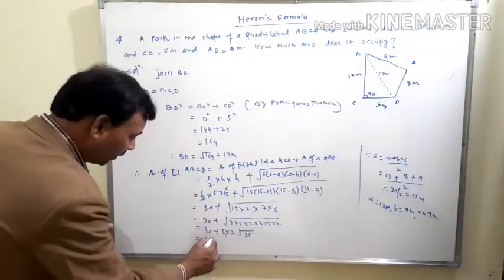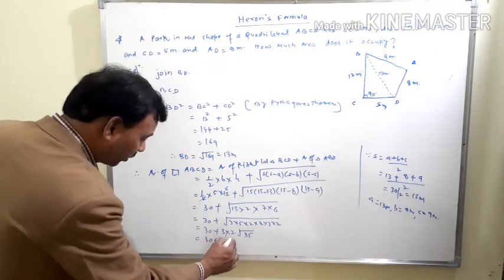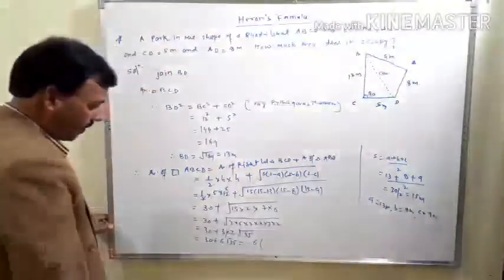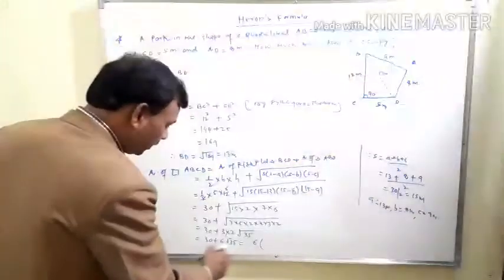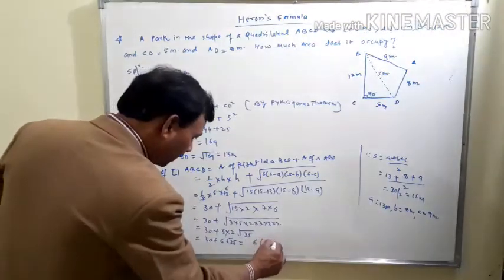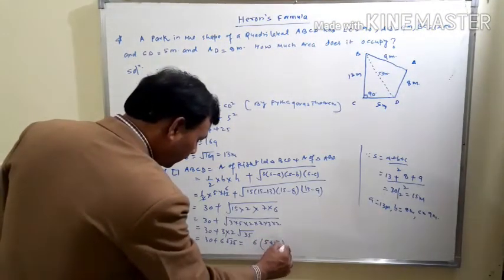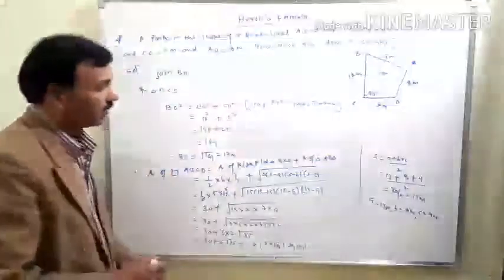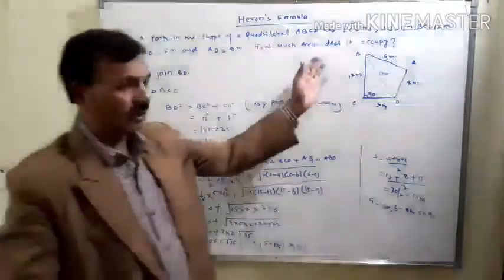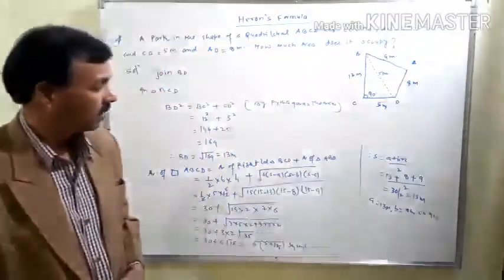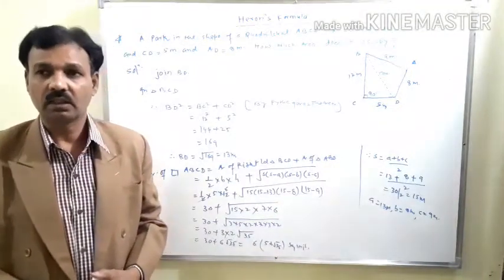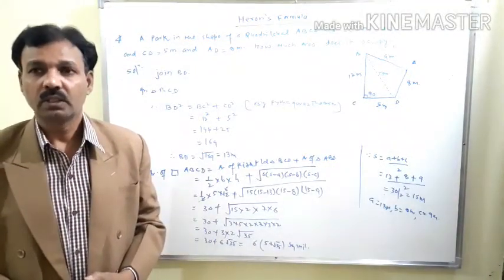This will be 30 plus 6 root under 35, or if you take 6 as common, this will be 6 into 5 plus root under 35 square units. This is the area of this quadrilateral ABCD. Now in the next video we will take some other numerical problems related to Heron's formula.